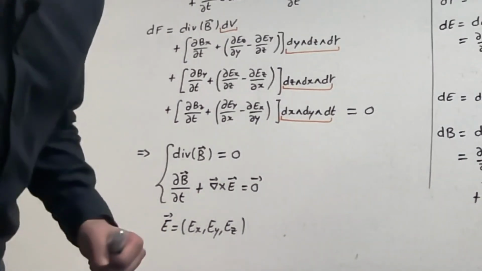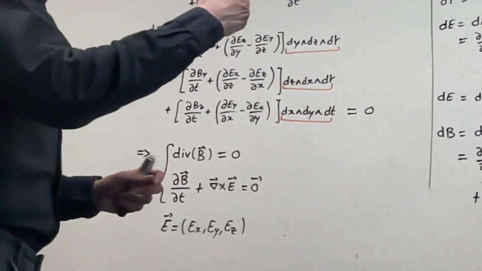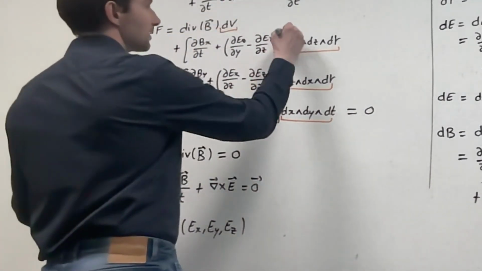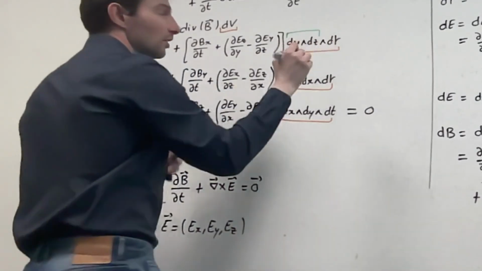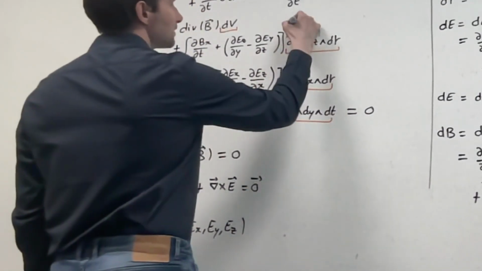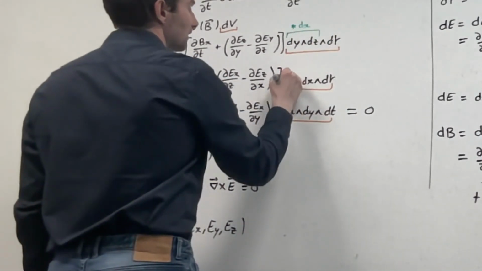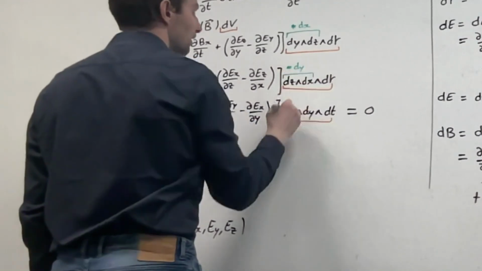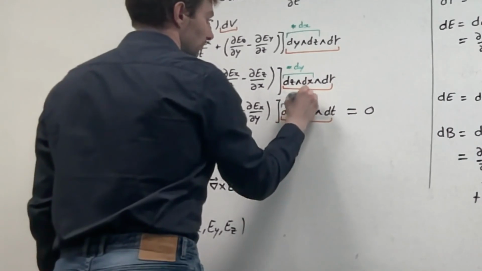One way to see that, by the way, is as follows. Let's take another color. This one works. One way to look at this is to realize that you can use a Hodge dual. I'm going to put a link to a video where I discuss this, but the dy wedge dz is actually the Hodge dual of dx. And then this, for example, here is the Hodge dual of dy, and here is the Hodge dual of dz.